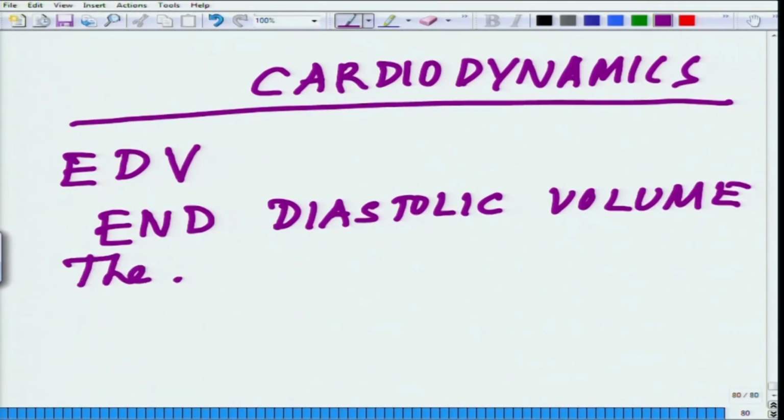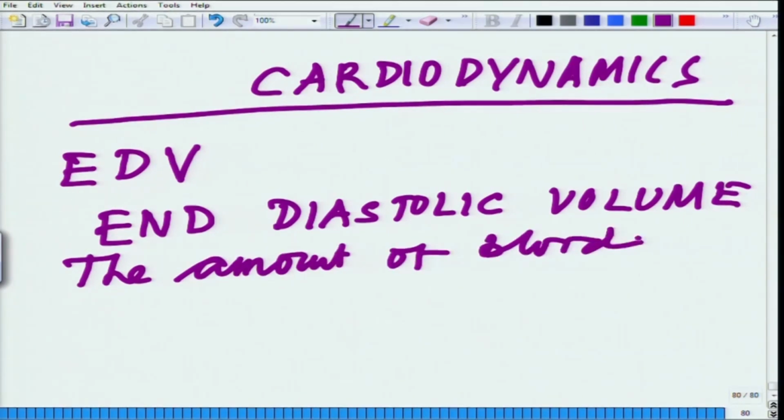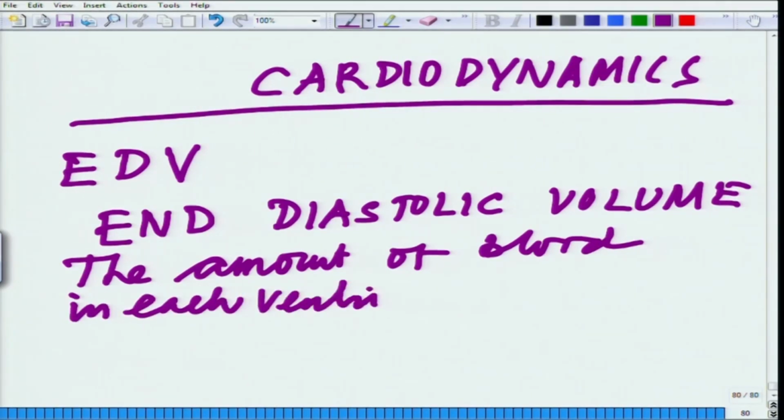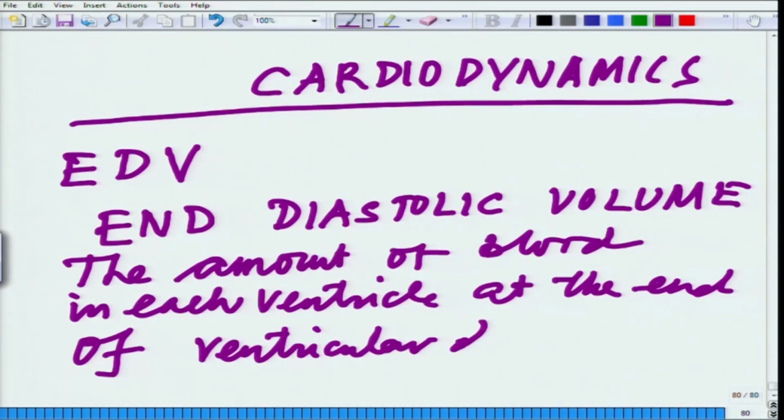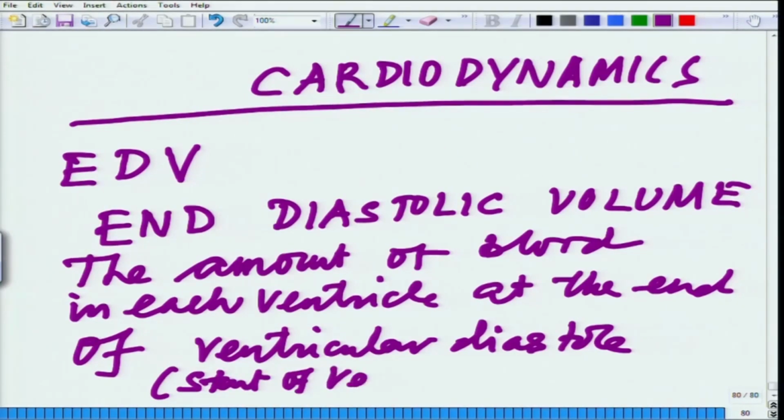It is the amount of blood in each ventricle at the end of ventricular diastole, or basically the start of ventricular systole.